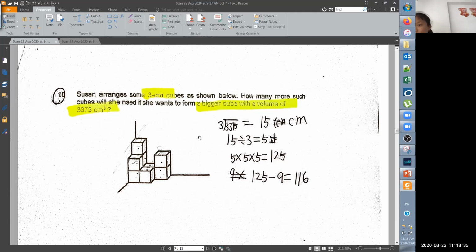第10题，这题我们上次不是也做过吗？对，但是我就不确定最后126这个数有点大。OK，我们先看一下，他说 Susan arranges some 3 cm cube. How many more such cube will she need to form a bigger cube of?